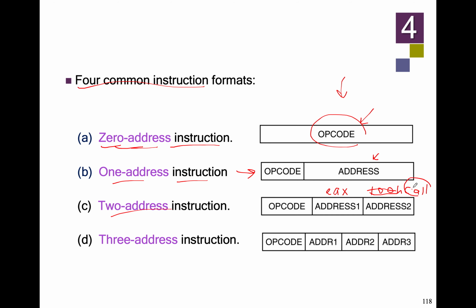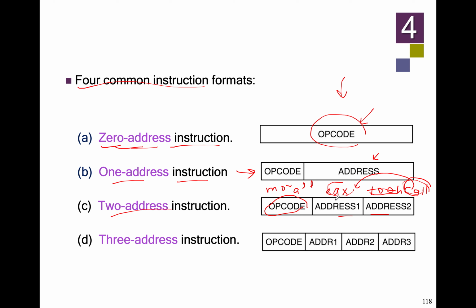Everything over here depends on your opcode. If you have an instruction like move, then you're going to move it over here. If add, then you will add these 2 addresses, depending on what code is stated over here.